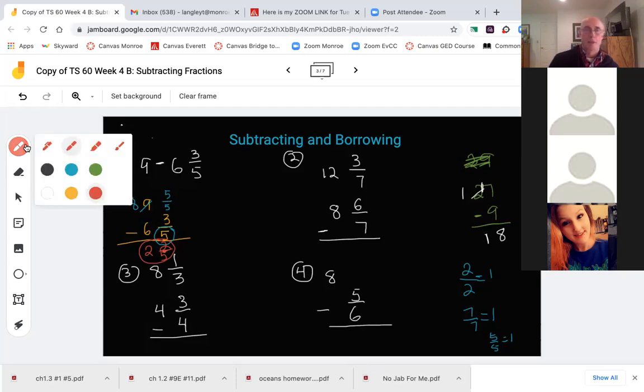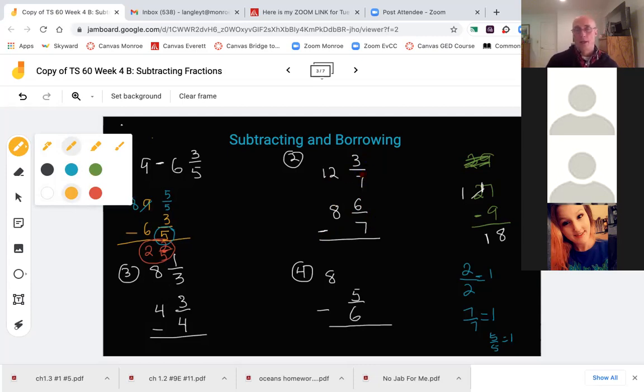All right. So let's go ahead and do this. I've got 12 3/7 minus. I'm looking at that minus here. Before I do anything, is this fraction greater than this? Because you can't subtract until the number on top is equal or greater. 3 out of 7 pieces, half the pizza?